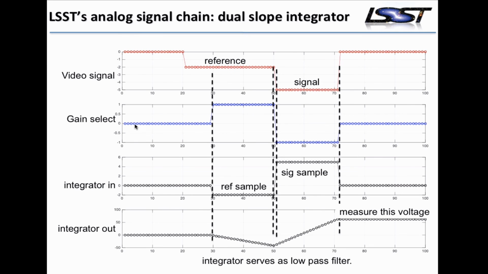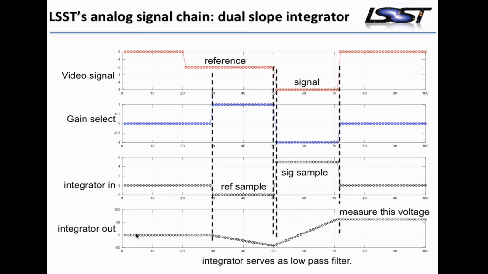This gain select essentially says, am I going to connect this video with a gain of +1 or a gain of -1 to the analog signal chain? That determines what's fed to the integrator. So it's only gated on for this interval of time, and here the video is fed through with a gain of +1. In this interval, it's fed through with a gain of -1.